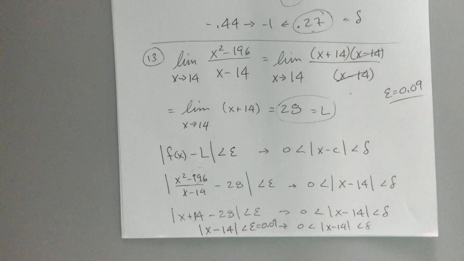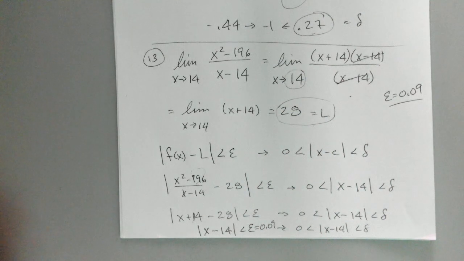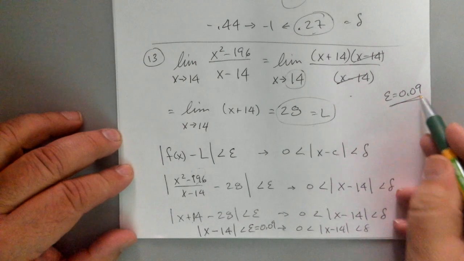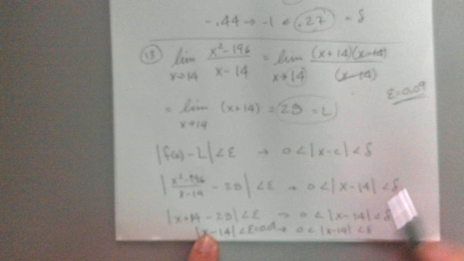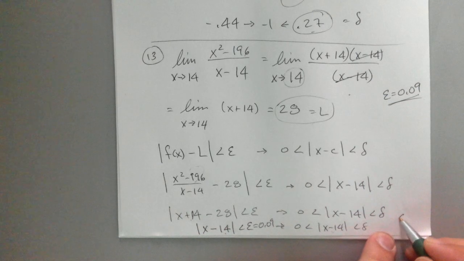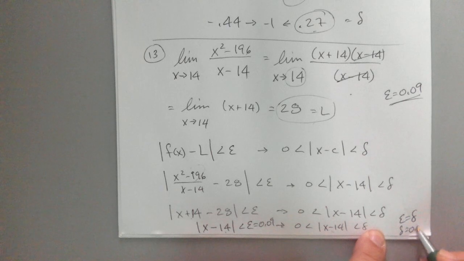But if we look at the x-axis, we start off at 14, because our value point is 14. That's our c point. So the upper bound of that one is 14.09. We know that because epsilon equals delta, and so delta equals 0.09.